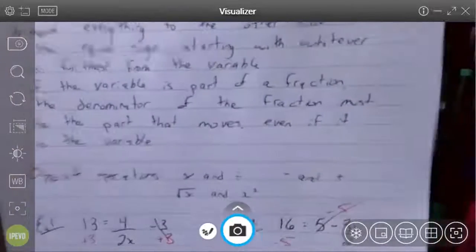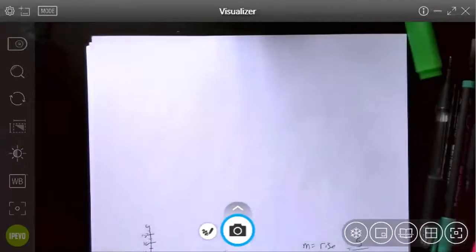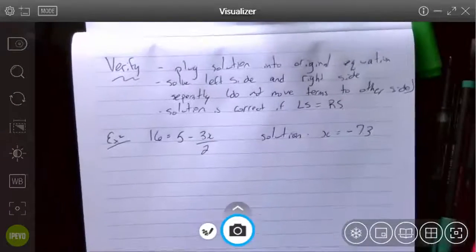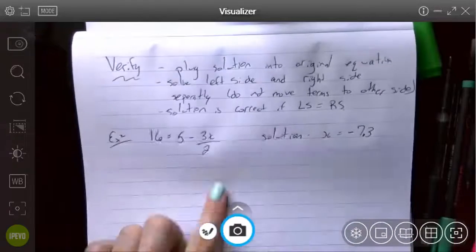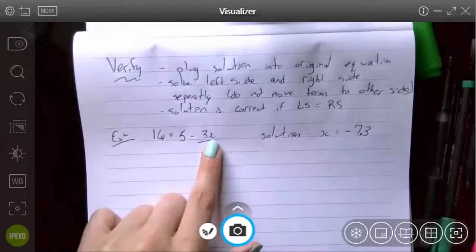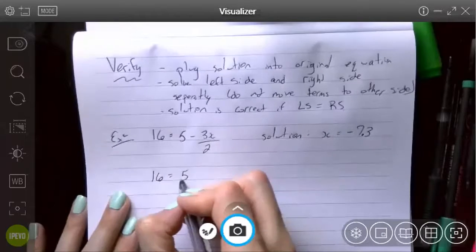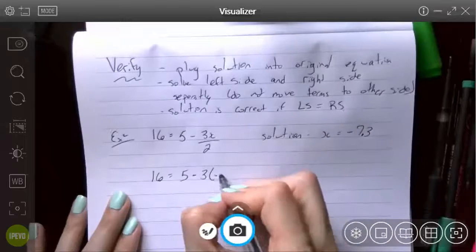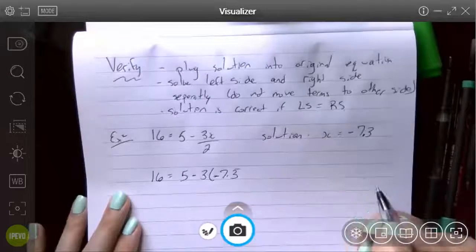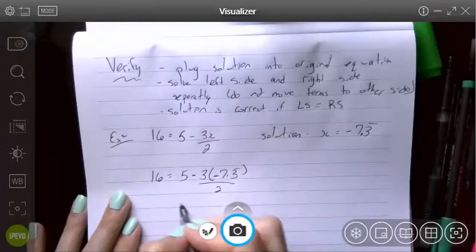That was the one that we just solved. And so all we're going to do is take this solution and plug it in where the x is in our equation. So we end up with 16 equals 5 minus 3, and instead of 3 times x, it's 3 times negative 7.3 repeating over 2.